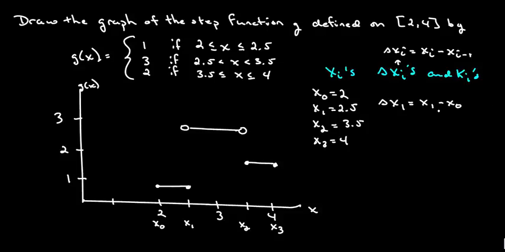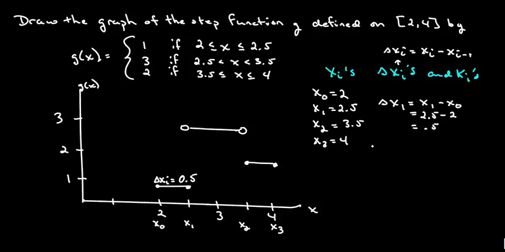All it says is, for delta x1, this length is given by x1, which is 2.5, minus x0, which is 2, so that is just 0.5.